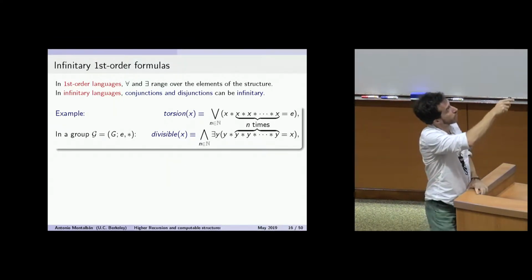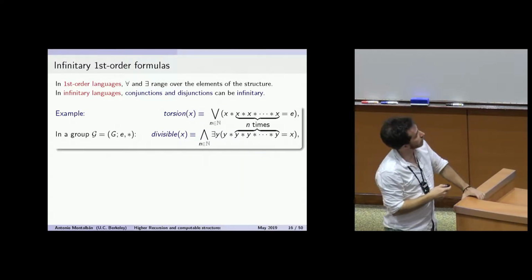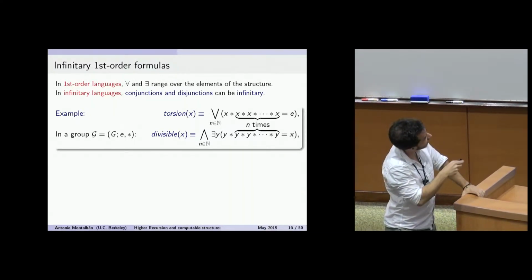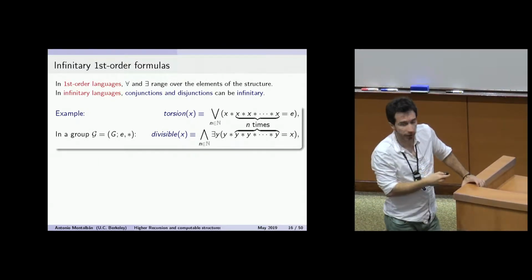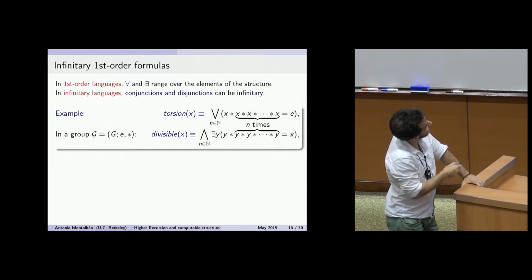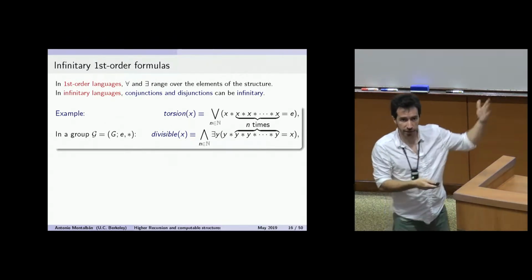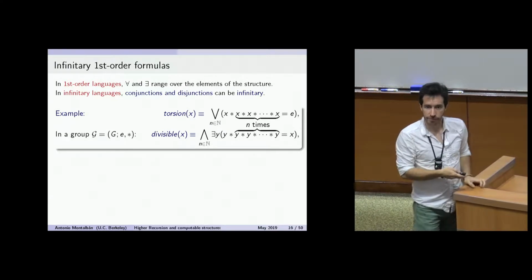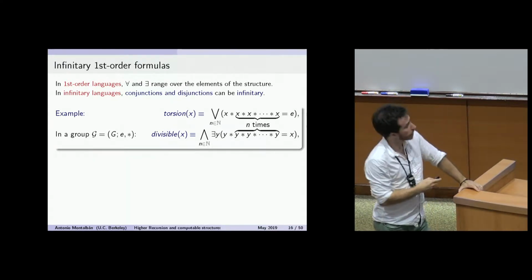So that's why we need to write this disjunction. This n here is not part of the language. This n here is just telling you what the formula is. So neither of these two relations can be defined by finitary formulas. They need infinitary formulas to define them. They're not first-order definable, but they are infinitary definable.